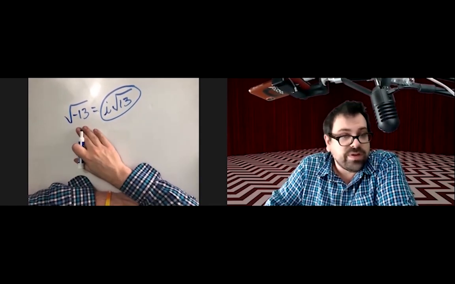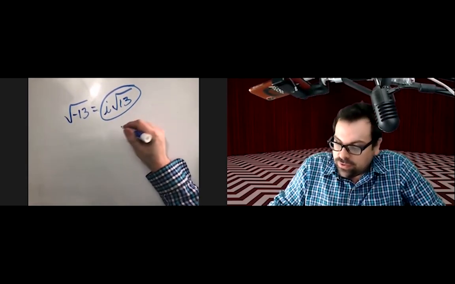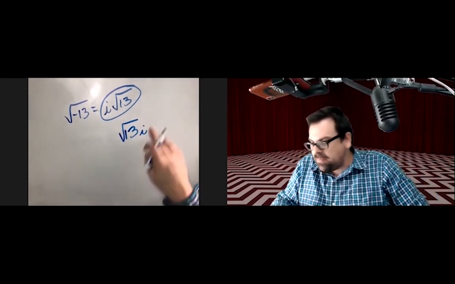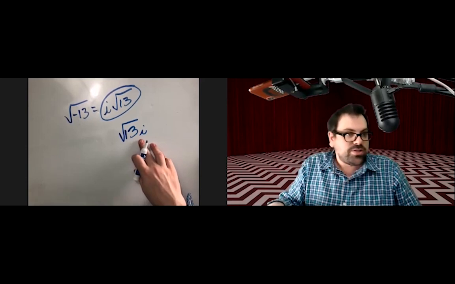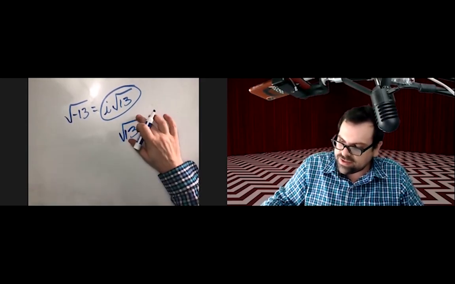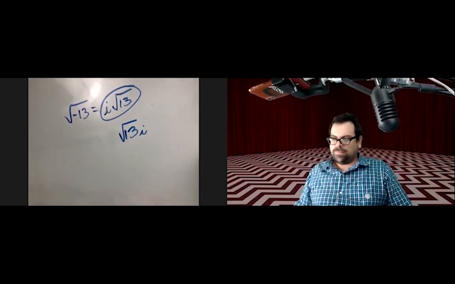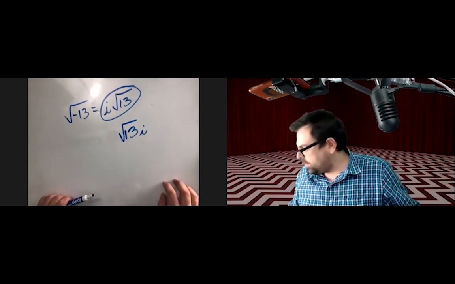So the square root of negative 13 would be a very quick i radical 13, or again, radical 13 i, being very careful to have a clear separation, so that the square root is not over the i.